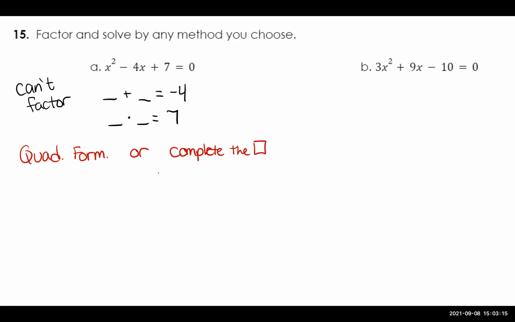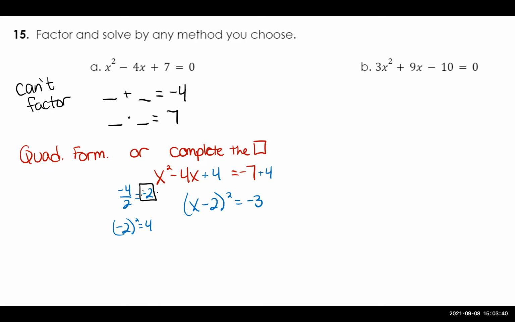So I would start by moving c to the other side. And then you would half it, square it, add it. So take -4, half it to get -2. Square that to get a +4. And we have x minus 2 squared equals a -3.